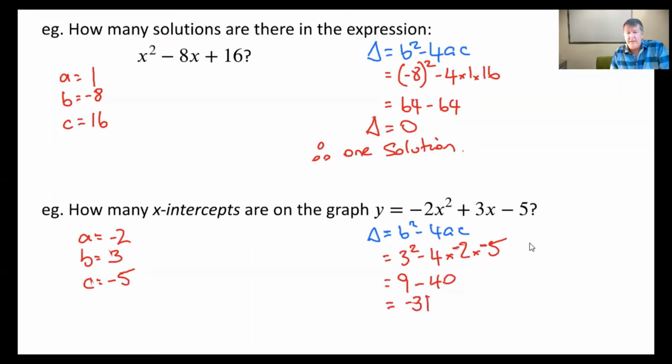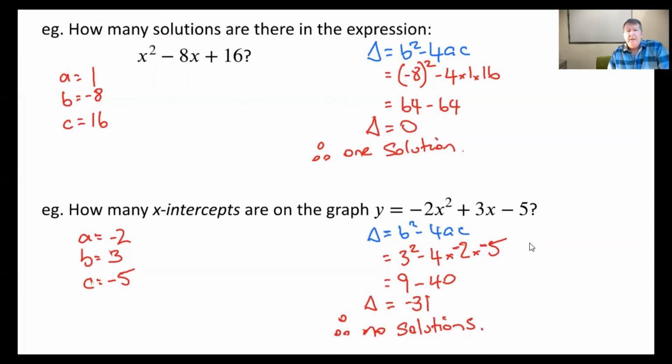Now, I'm not going to make it flash up this time. Delta equals -31. How many solutions are there? None. So therefore, no solutions. That means you don't have to go on and find out what the solutions are because there aren't any. Don't have to use the quadratic formula for that one.